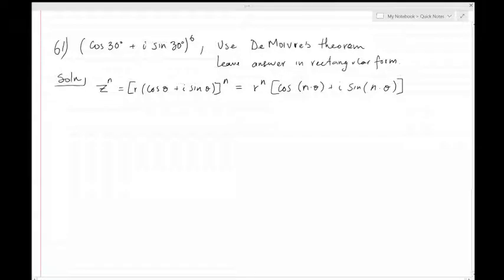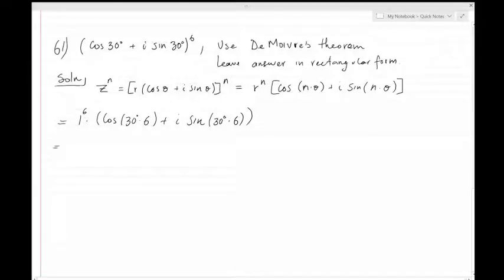So let's go ahead and do that. There's a 1 out in front. So 1 to the power 6 times cosine of 30 degrees times 6 plus I sine of 30 degrees times 6. So that is all that's inside of the parentheses.